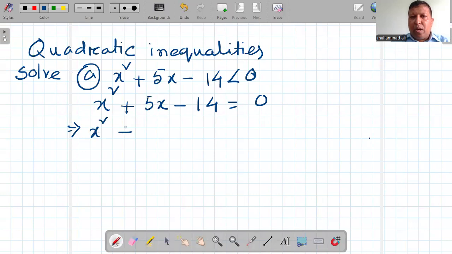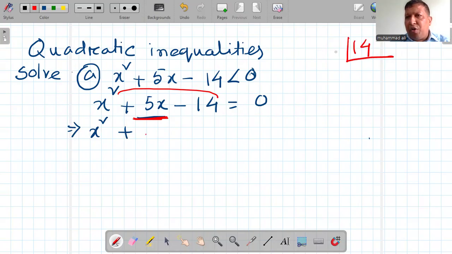x squared. If you want to do factorization, we have to split this 5x into two terms whose addition or subtraction must be plus 5x, and whose multiplication must be the same as the multiplication of x squared and minus 14. So 14, if we divide this by 2, you will get 7.